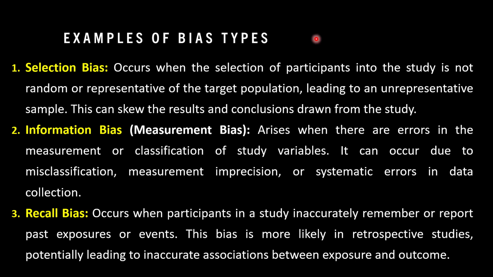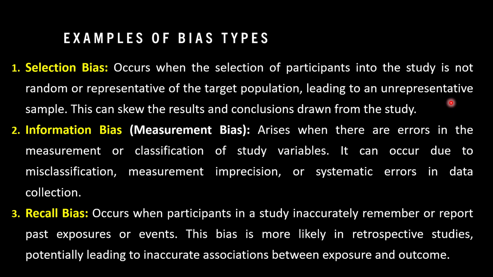Sure, the conclusions will be also unrepresentative. Like if I am just choosing the ill population and putting them in the exposure group and the healthy population in the non-exposure group, this is a selection bias.